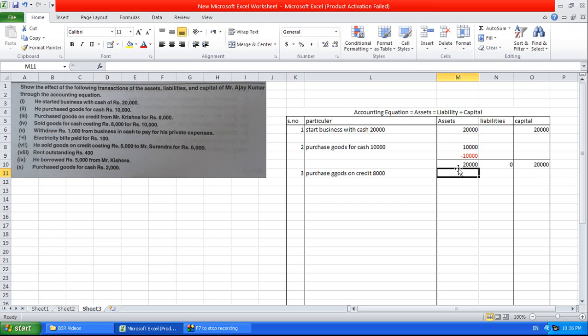So we have got 8,000 of goods, so assets increase, plus it is on credit, which means we have a liability, but in capital it is 0 only. After the third entry, what is the present amount? Here it is 28,000, here 8,000, here 20,000.